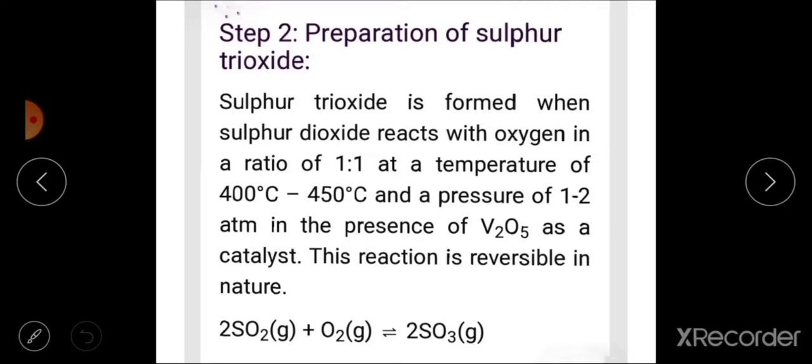You can see this reaction. This sulfur dioxide is oxidized into sulfur trioxide in presence of catalyst vanadium pentoxide, V2O5. This reaction is an exothermic and reversible reaction. A large amount of heat is evolved during this reaction.